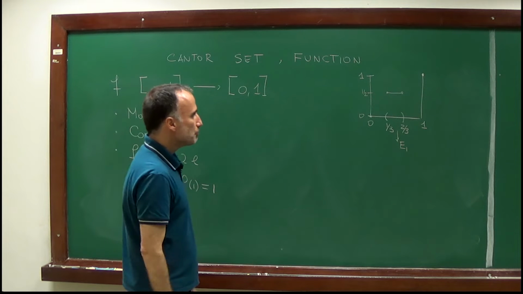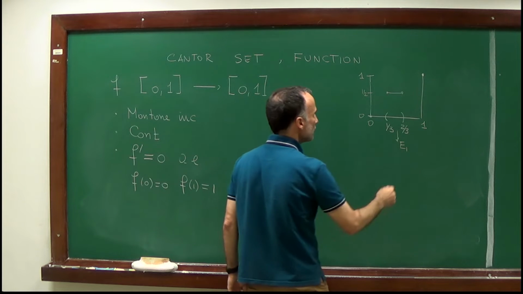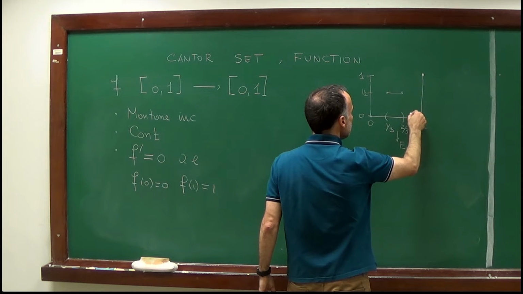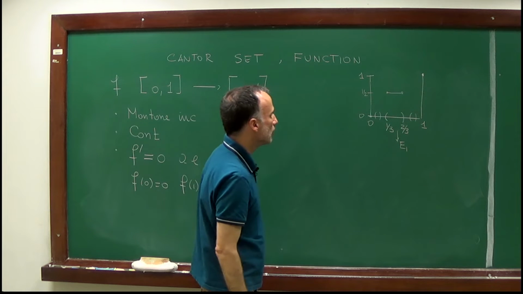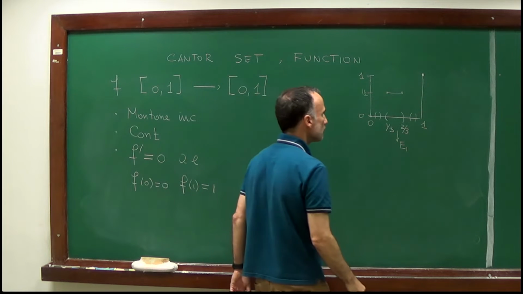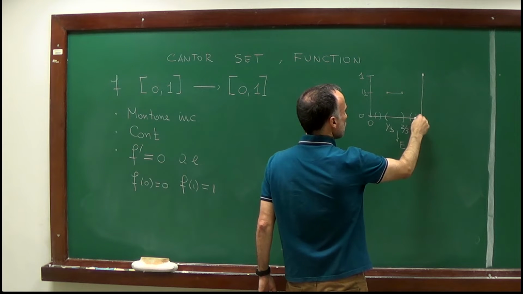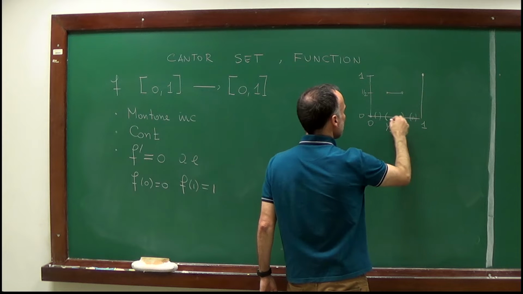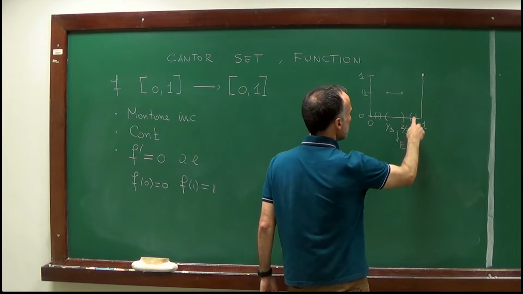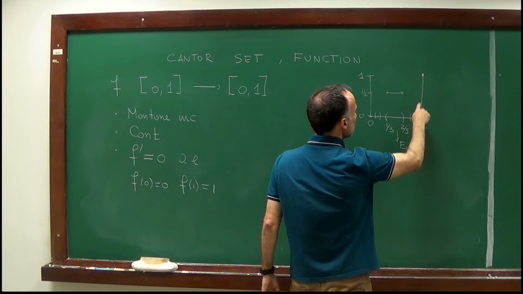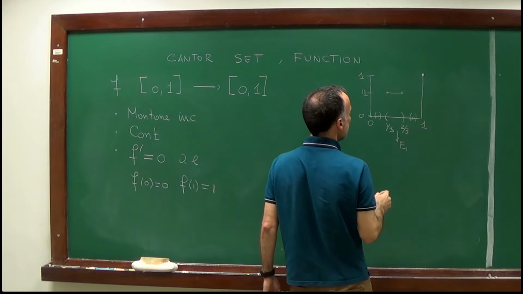And I will just repeat this procedure in the next steps. In the next step, I was removing the middle interval of the two remaining closed intervals that we have. So now in the second step we will define the function in these two intervals. If you go to the right, this function takes the value 1. To the left, it takes the value 1/2.